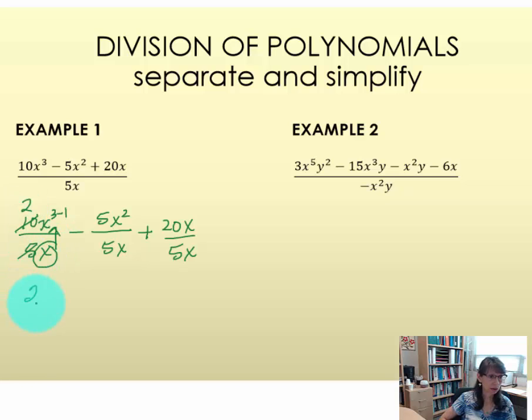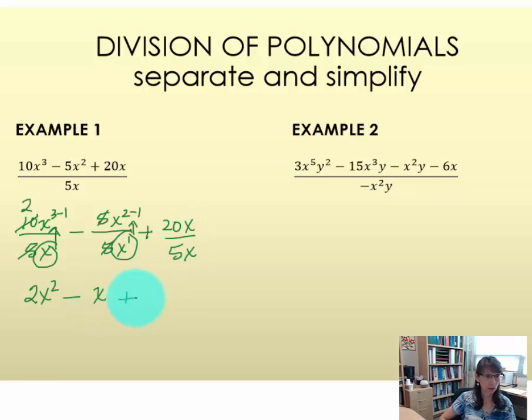So we're left with 2x squared. In the middle, 5 reduces with 5. X to the 1 is the smaller. So x to the 1 has the smaller exponent, so it shifts and becomes a minus 1. So we are subtracting x in the middle.